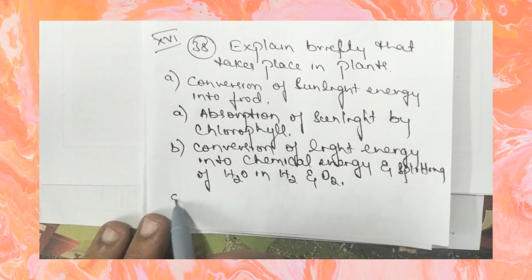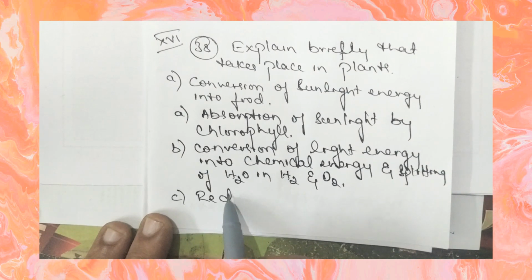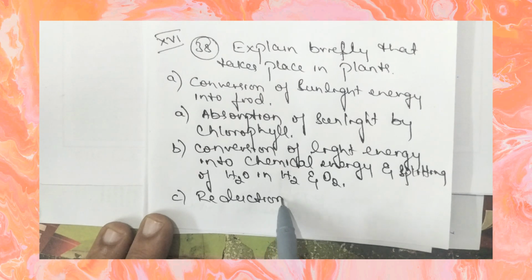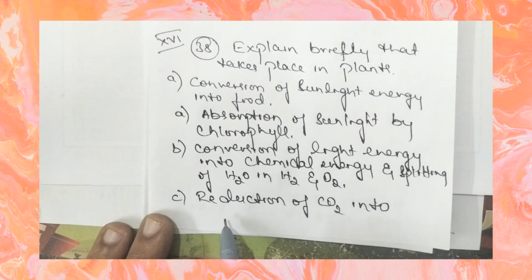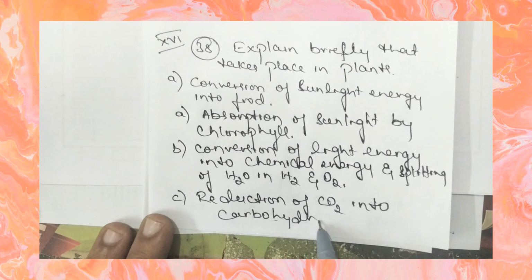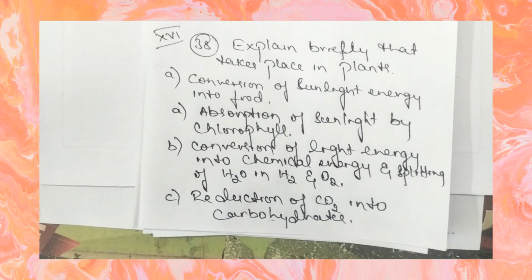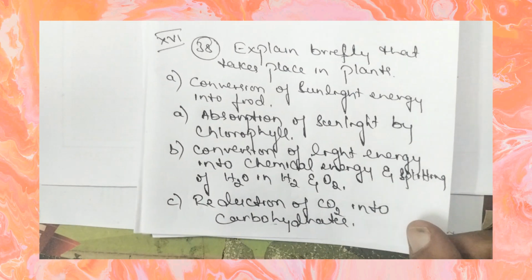Then the last step is reduction of carbon dioxide into carbohydrates. So this is about conversion of sunlight energy into food.